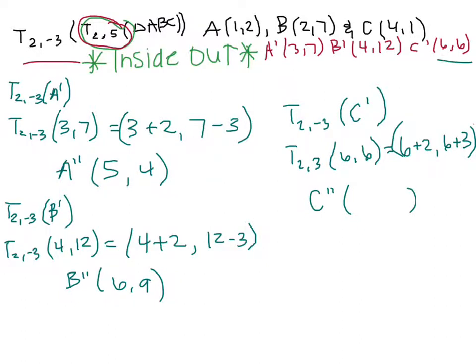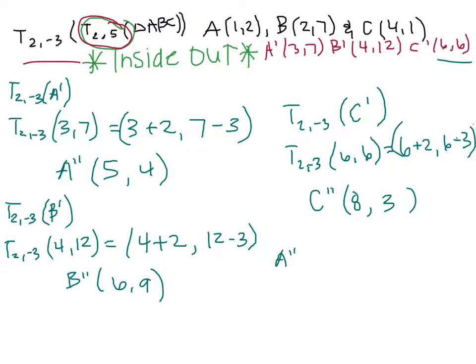So C prime was 6, 6. I have my translation of 2, negative 3. Let's make sure that shows up as a negative 3. So we end up with 6 plus 2 is at 8, 6 minus 3 is at 3.